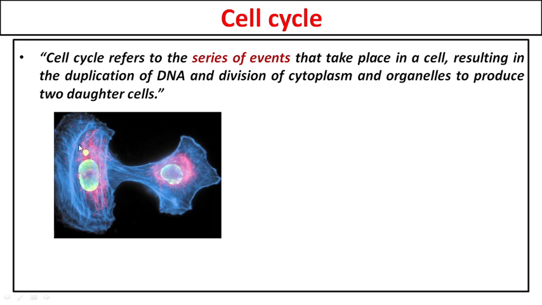Fine. Just imagine, let us say I have some notes. I have a book and I want to give it to two of my students, but I have only one book, right? Same is the case with your cell. It has only one nucleus and one DNA. So how will it give it to two daughter cells? So the first thing it has to do is duplicate its DNA. So that is what happens in a cell cycle, duplication of DNA. So I will do what?